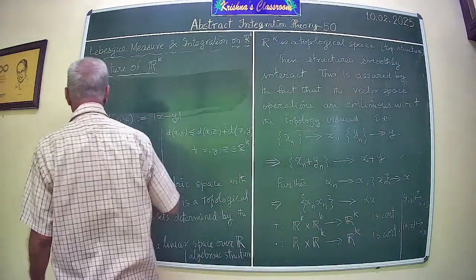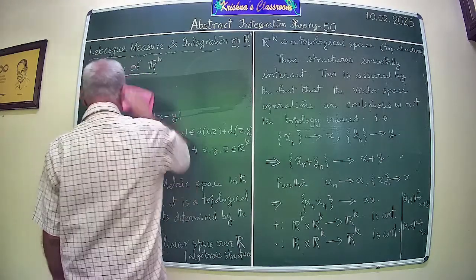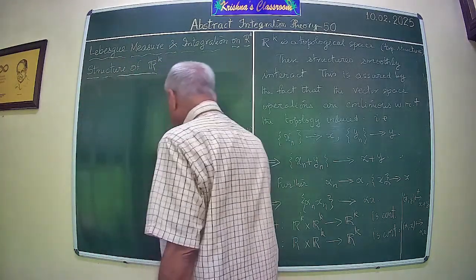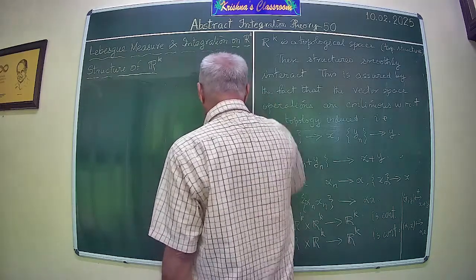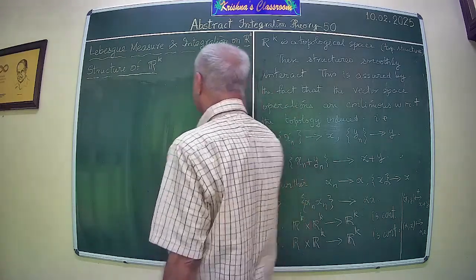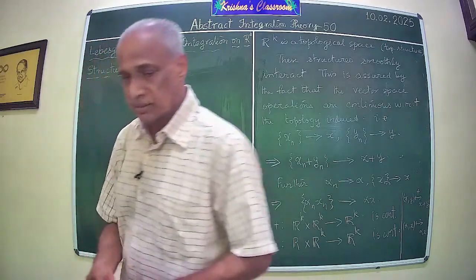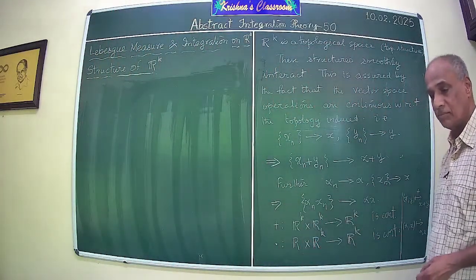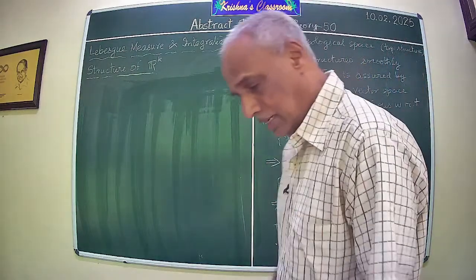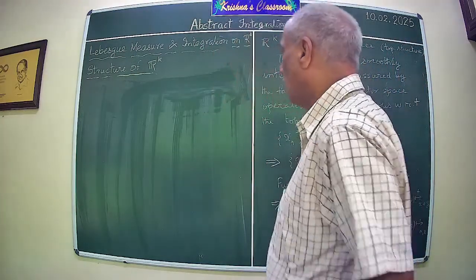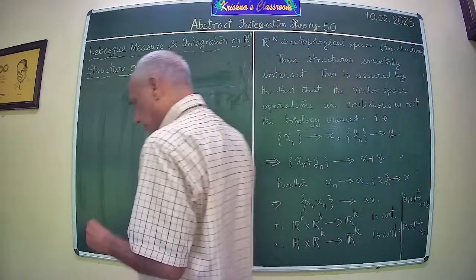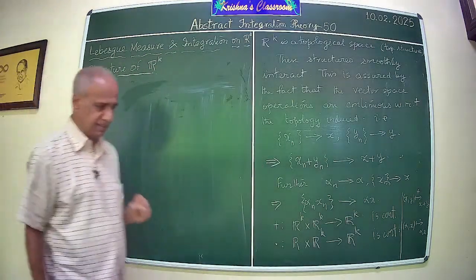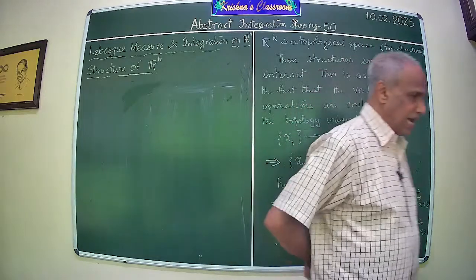Now, this is just a recall of some of the basics on Rk. Now we want to introduce the concept of measure. What is a basic property of the Lebesgue measure on R?